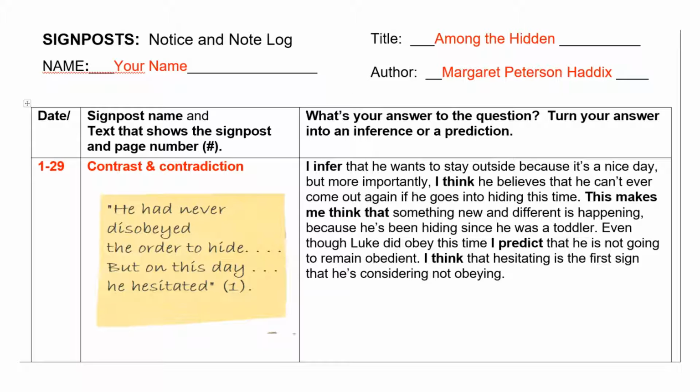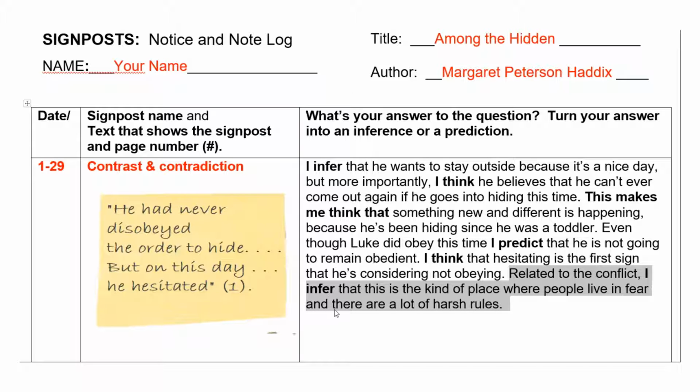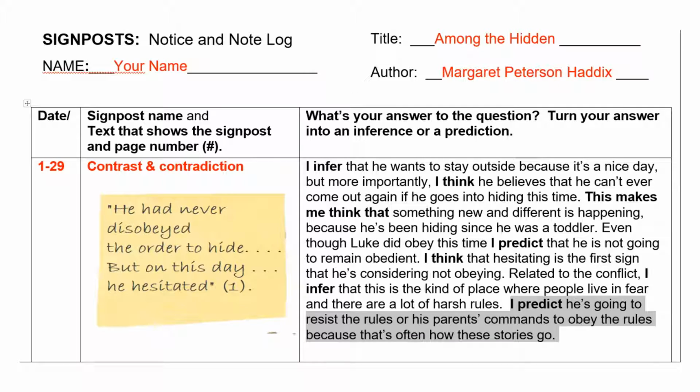Then I talked about the conflict. Related to the conflict, I infer that this is the kind of place where people live in fear and there's lots of harsh rules. Based on that inference, I predict that Luke is going to resist the rules of the society or his parents' command to obey the rules, because that's just how these stories often go.